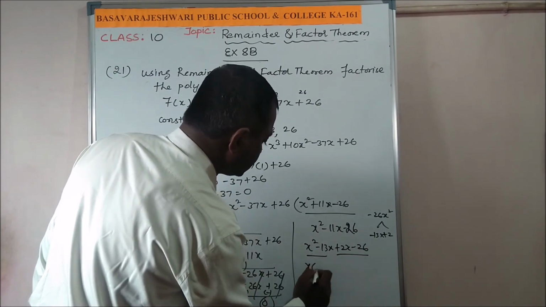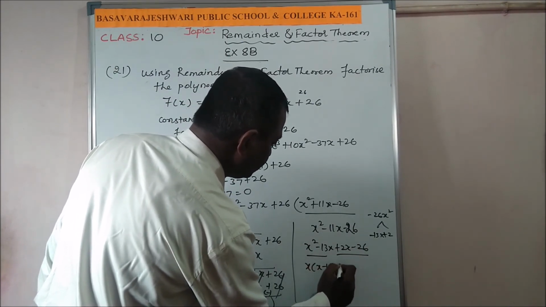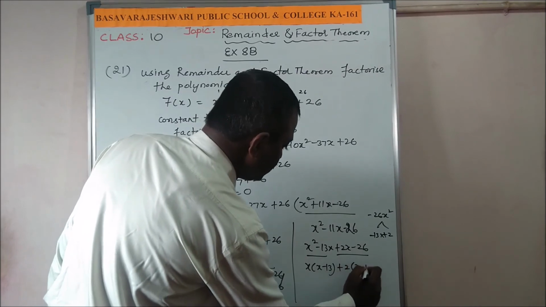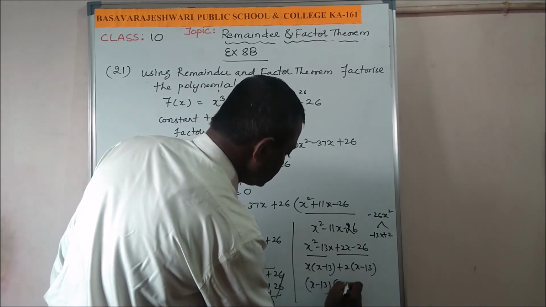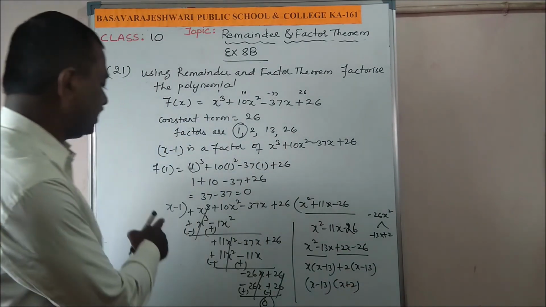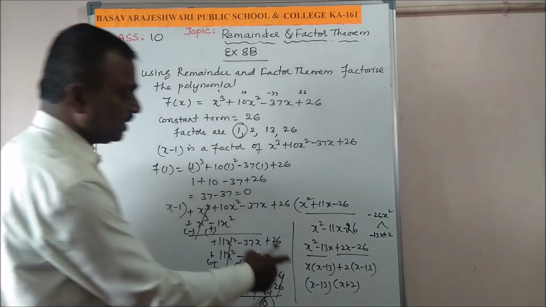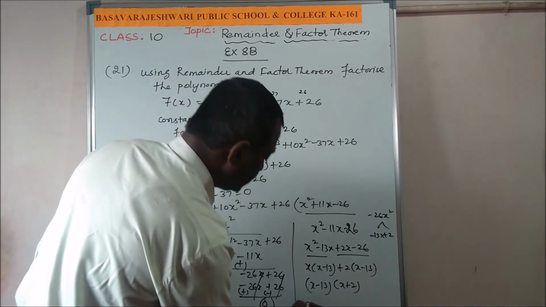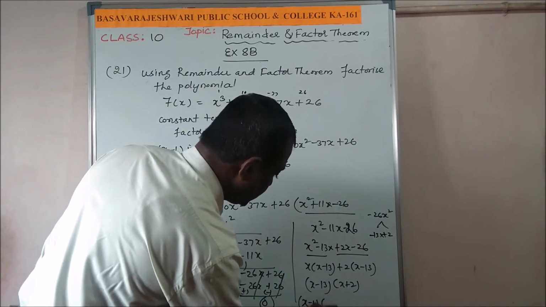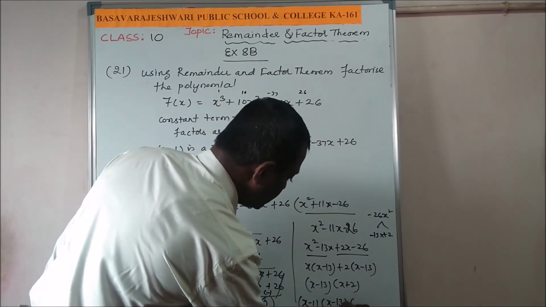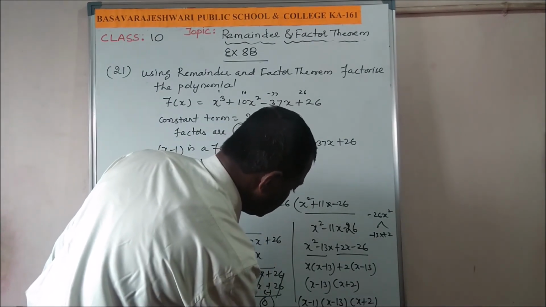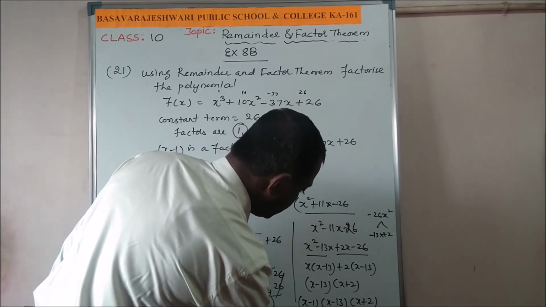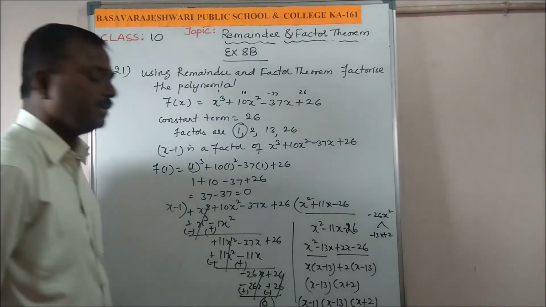What is common? x minus 13 is one factor, plus 2 is common, x plus 2 is another factor. So x minus 13 and x plus 2. Already we got one factor here, x minus 1. So x minus 1, x minus 13, x plus 2 are factors of f of x. Okay?